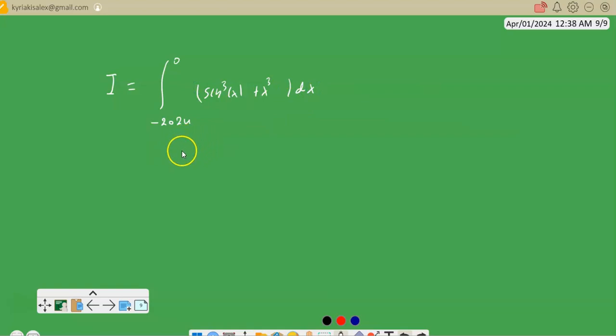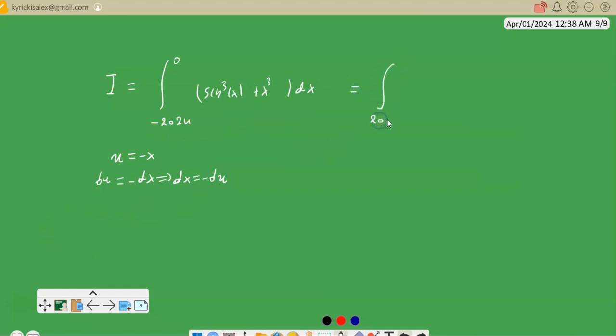I call this integral I, and I change variable. u equals minus x, du equals minus dx, and from here the differential dx equals minus du. I also change the bounds of integration.